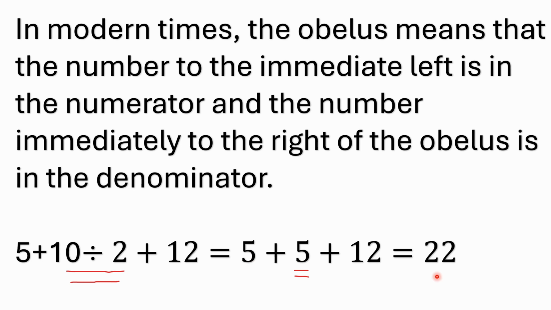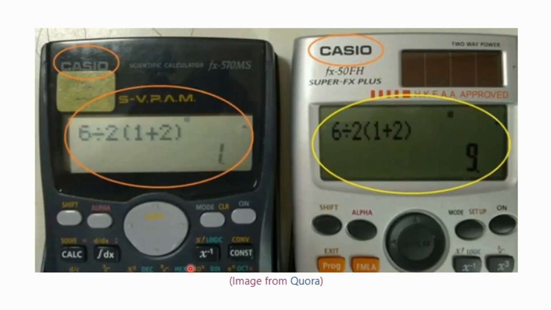That's equal to 22. The old interpretation would basically have 5 plus 10 in the numerator and 2 plus 12 in the denominator, because again, everything to the left was in the numerator and everything to the right in the denominator. Not as common today, but there are probably still some regions of the world that may look at it that way.